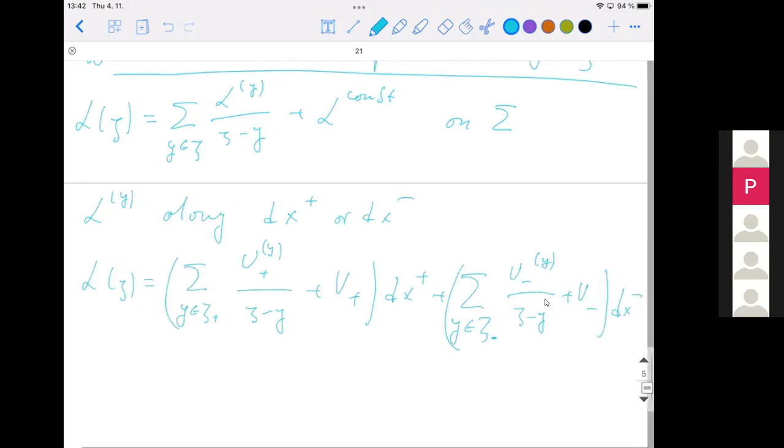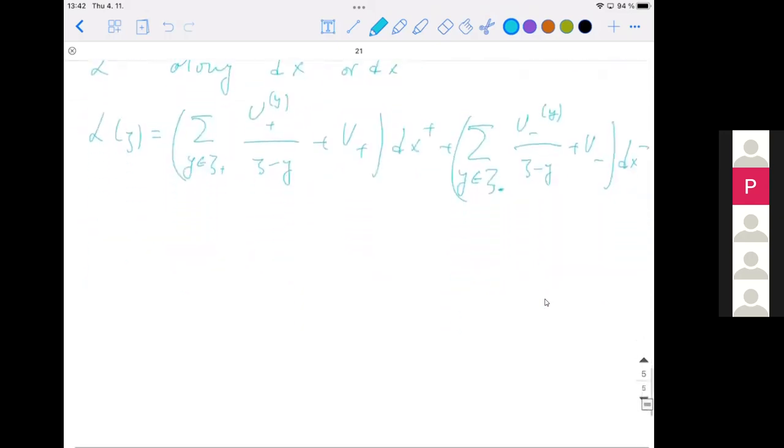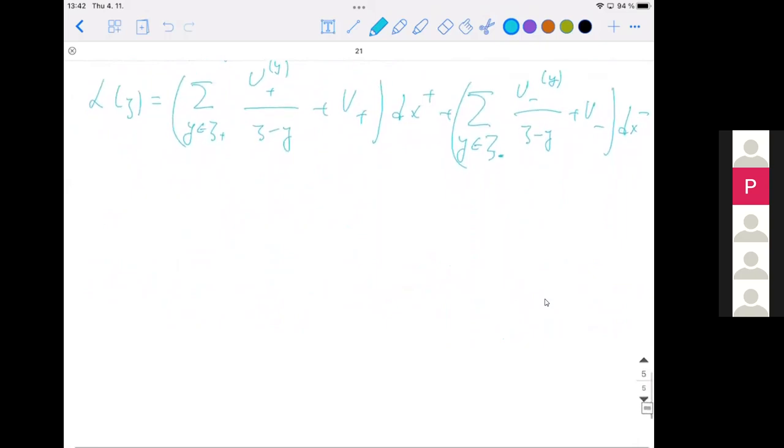Okay. So this u and phi are the G complexified algebra valued fields on sigma.